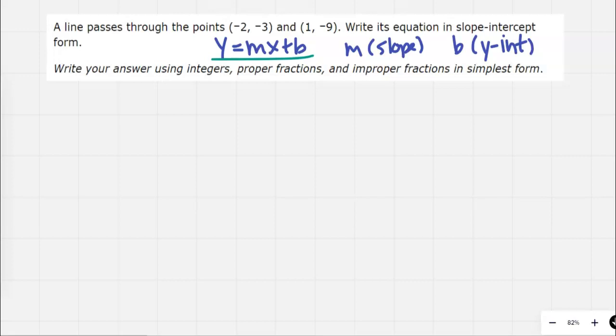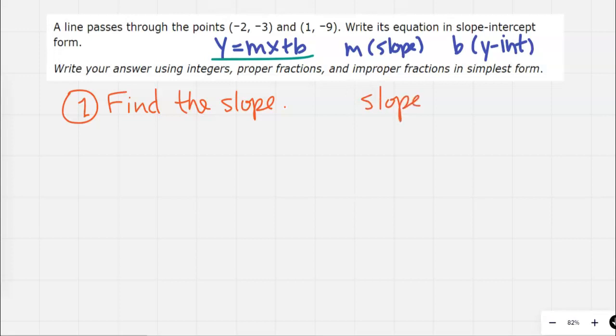Okay, so as I mentioned before, our first step when we're given 2 points is we need to find the slope. And the way that we go about finding the slope is using the slope formula. You may have heard the rise over run idea.